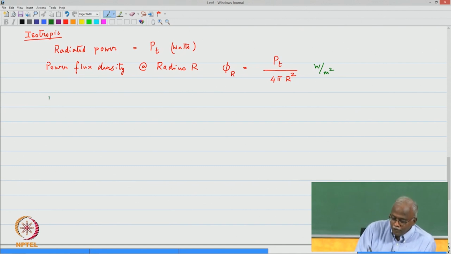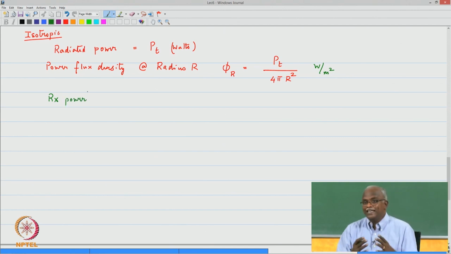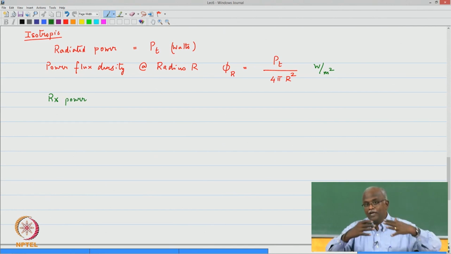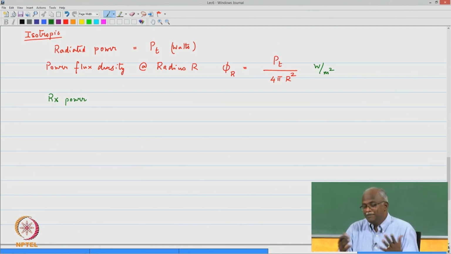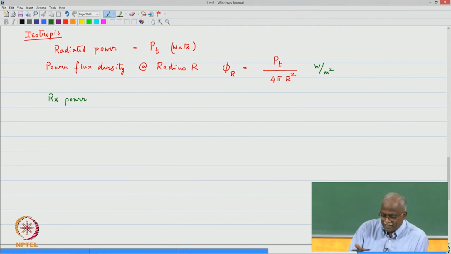Now, if you were to look at the other side of it, from the transmit side to the receive side, the received signal power. Of course, the ideal scenario would be if you could have a spherical antenna enveloping the entire power flux density, but such a receive antenna is not practical.